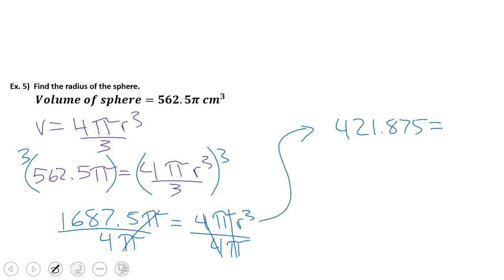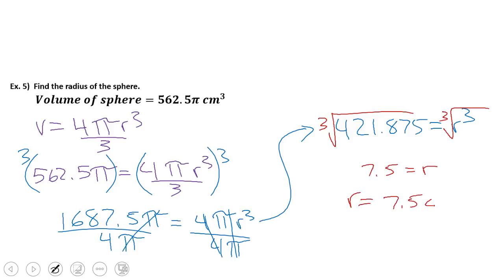And that is equal to the radius cubed. And we just learned a moment ago that the inverse of cubing is to take the cube root. And when you take the cube root of 421.875, you actually get 7.5. So the radius is 7.5 centimeters.